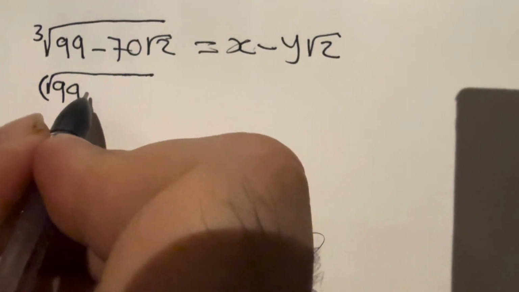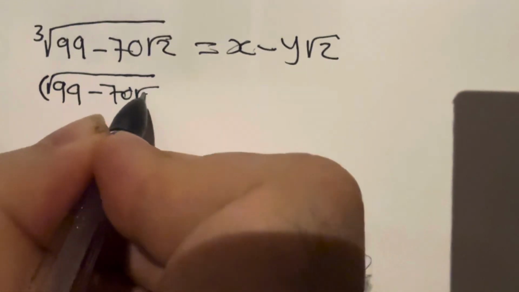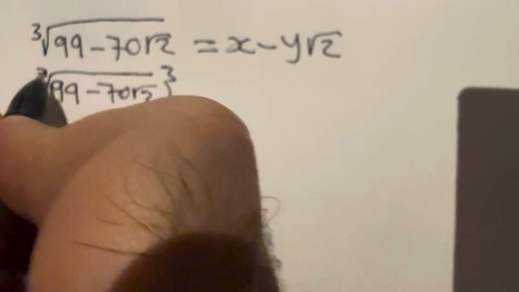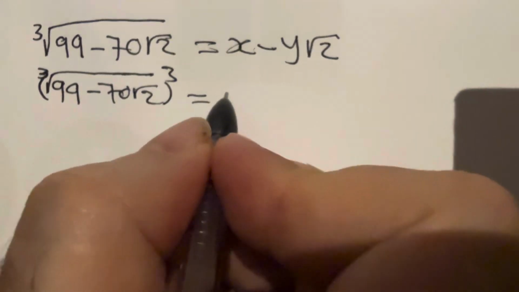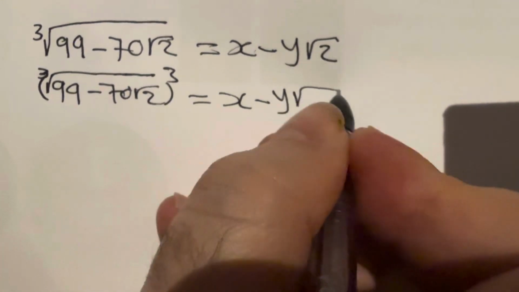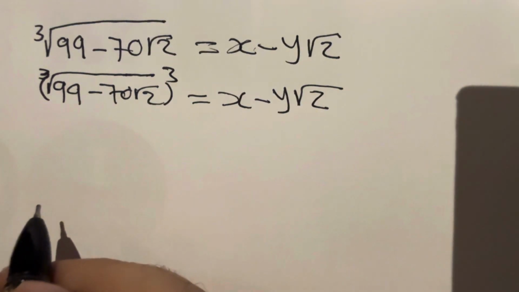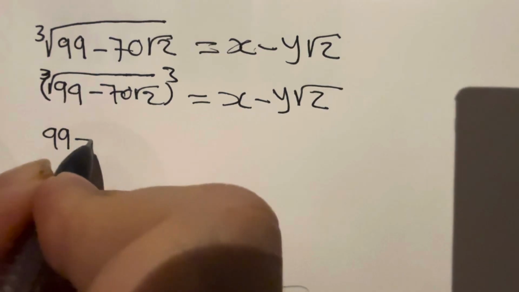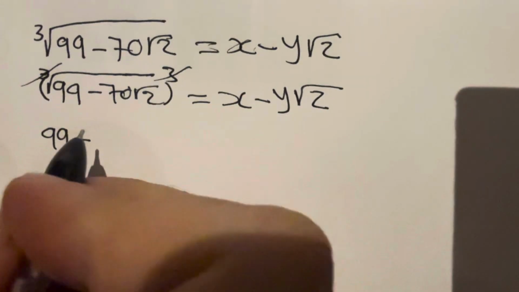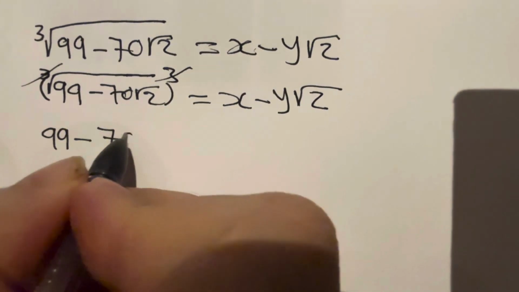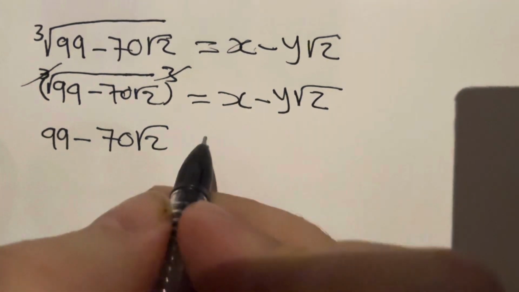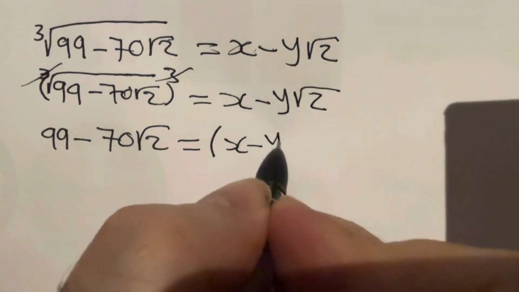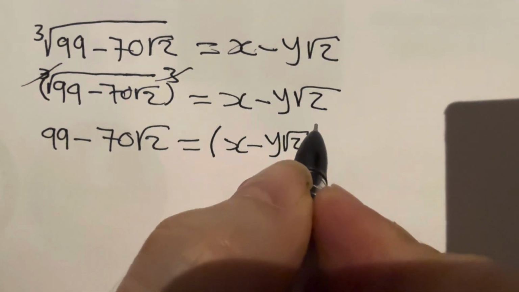This is minus 70 root 2 all cubed. This is the cube root, equals x minus y root 2. Then we get 99. This cancels this. 70 root 2 equals bracket x minus y root 2 cubed.